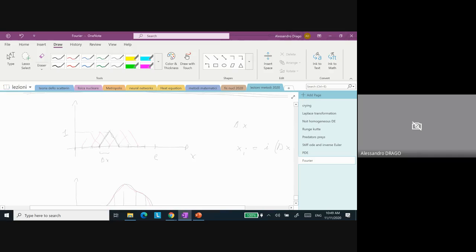Order 3 is very much used because it allows us to have, so this is order 1, the first derivative is discontinuous. Order 2, the second derivative is discontinuous. Order 3, the third derivative is discontinuous, but the second derivative is continuous.